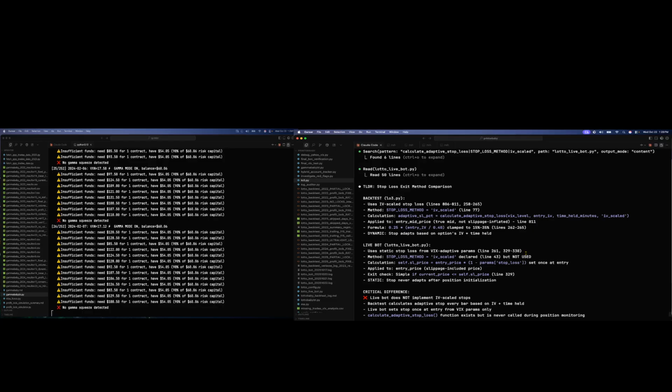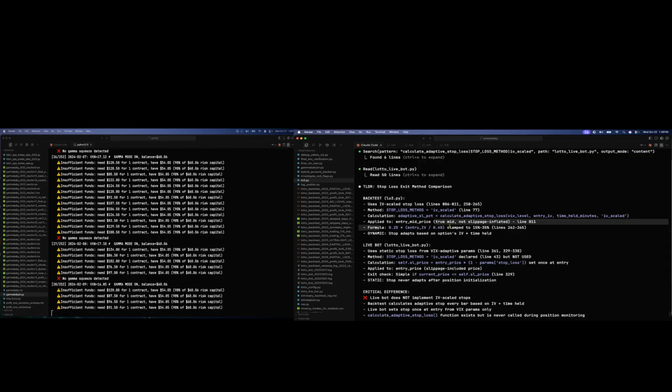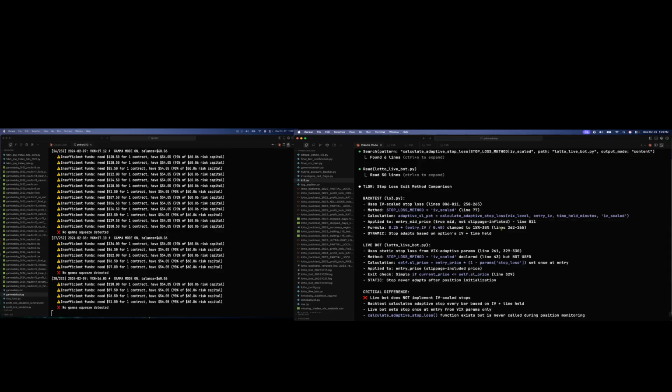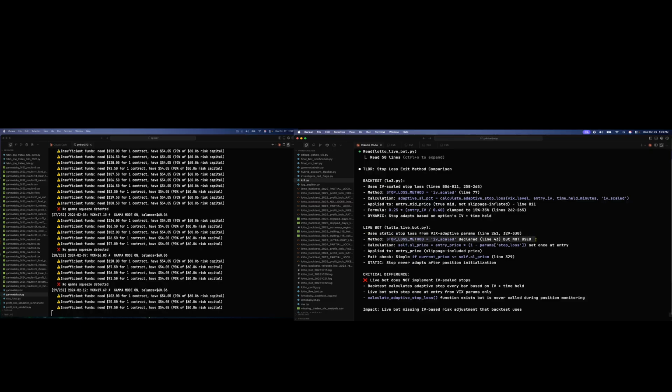Uses the IV scaled stop loss method, calculating the adaptive stop loss: VIX equals entry IV times held time, IV scaled, applied to the entry formula, clamped. Okay, stops based off of the option plus hold time. Live bot uses a static stop loss with VIX adaptive parameters. This is not used.